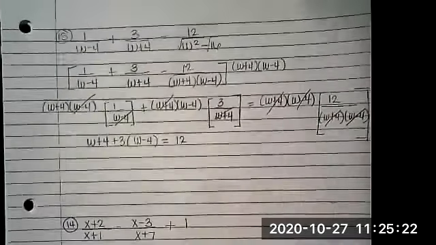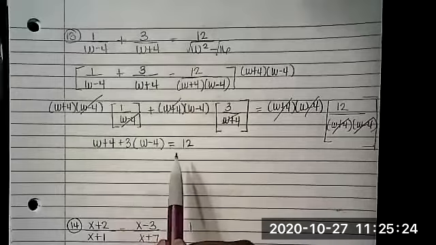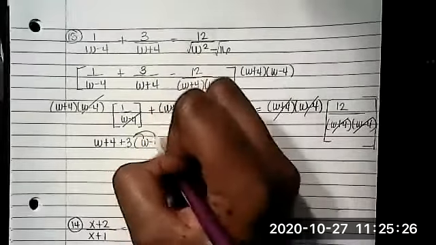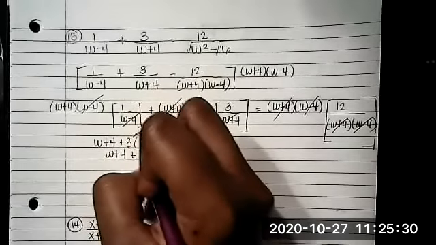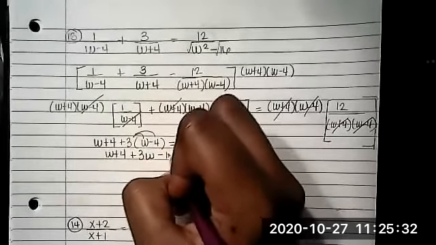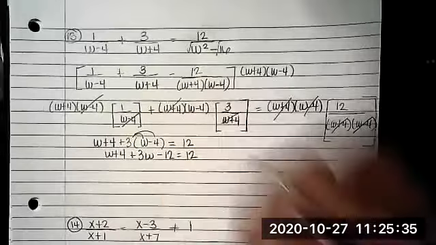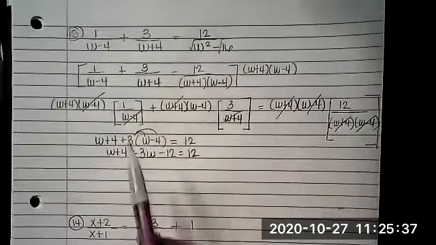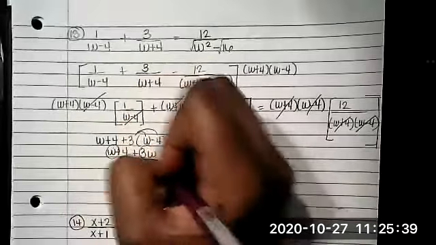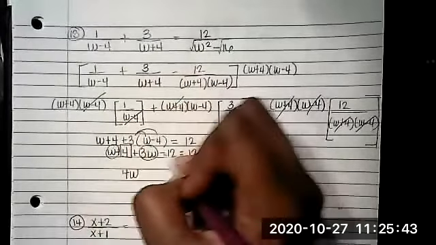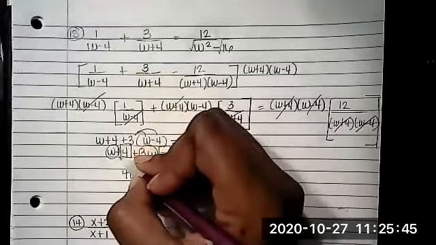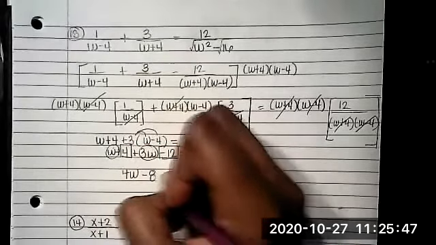Okay. So after all of that, this is just left over. I can distribute. This becomes w plus 4, I didn't change it, plus 3w minus 12 equals 12. Let's combine like terms. W plus 3w is 4w. Okay. Positive 4 minus 12 is negative 8.